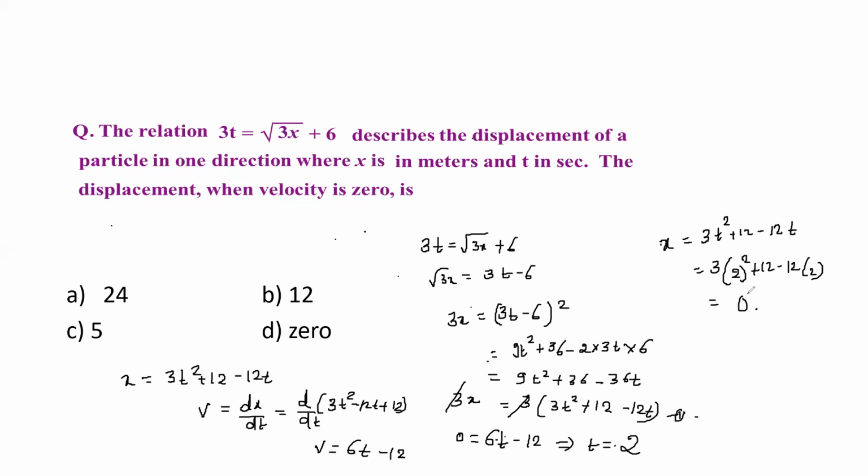Therefore, v is equal to dx by dt. So, x value just substitute. Then v is equal to, you will get 6t minus 12. As they have given in the question, the velocity is 0. Therefore, it becomes t is equal to 2. So, when t is equal to 2, it is becoming x is equal to 0. X is equal to 0, right? So this is our answer, option D. Option D is the correct answer here.